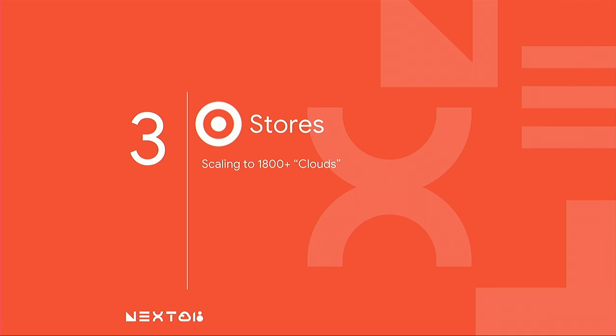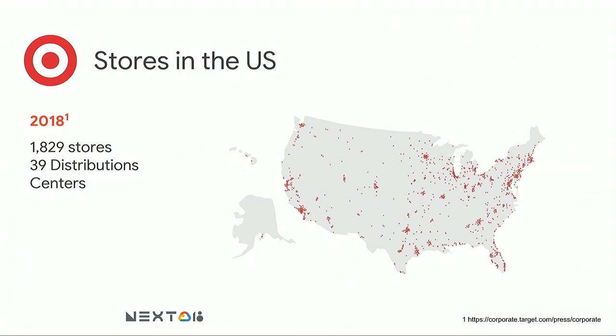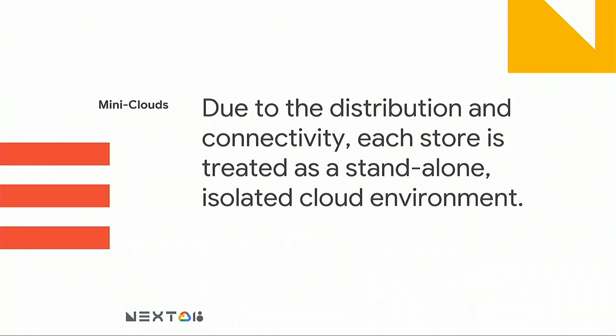So not only do we have private data center and public cloud, but Target has 1,800 stores across the United States. And in each one of these stores and distribution centers, we run a Kubernetes cluster. But because of the distribution of these stores and distribution centers, and the connectivity that we have with them, we have to treat them as though they're completely isolated cloud environments from our perspective.